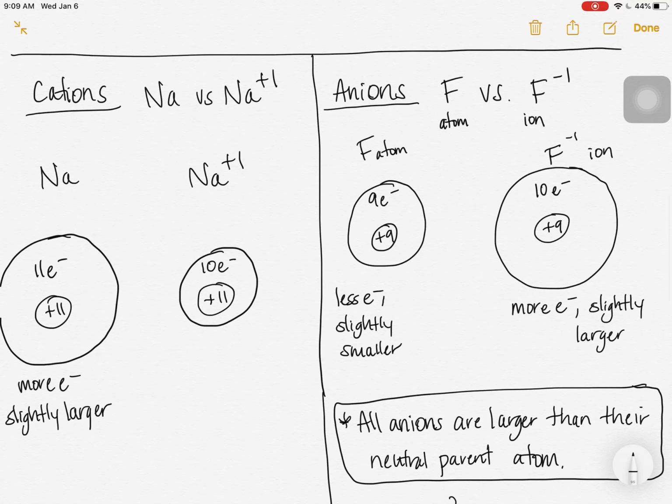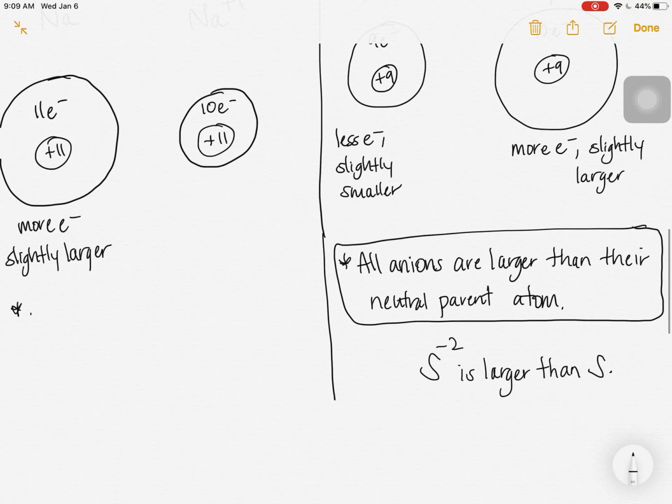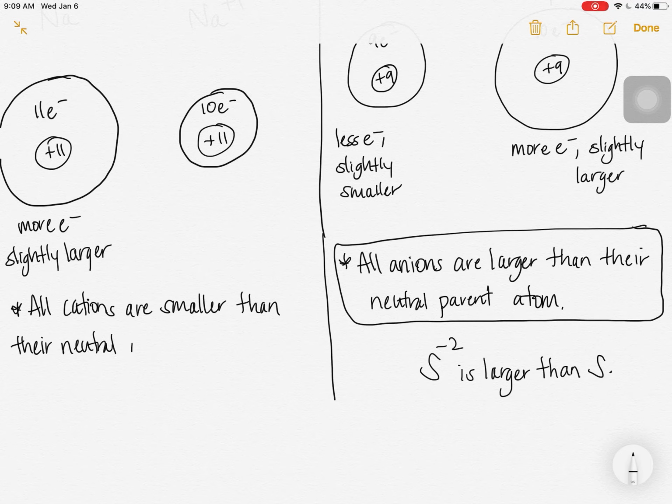Okay, so it's the same reasoning here, so I can make a bold statement that says all cations are smaller than their neutral parent atom.